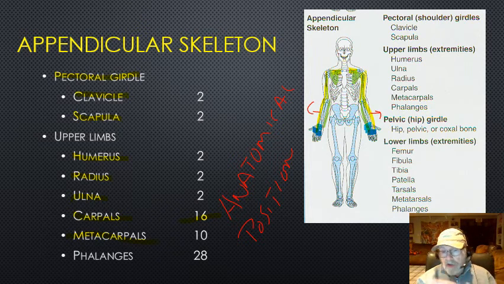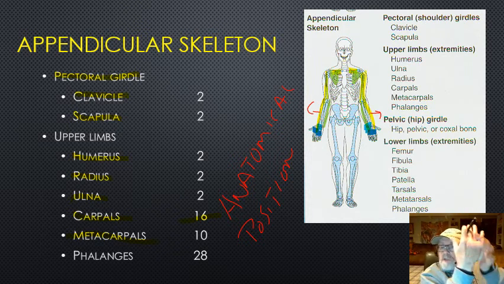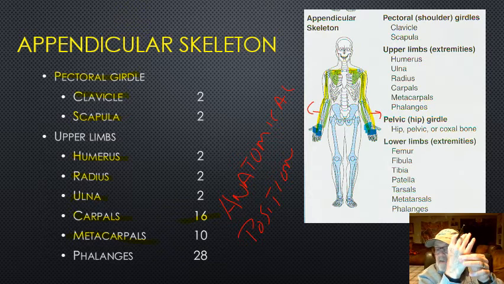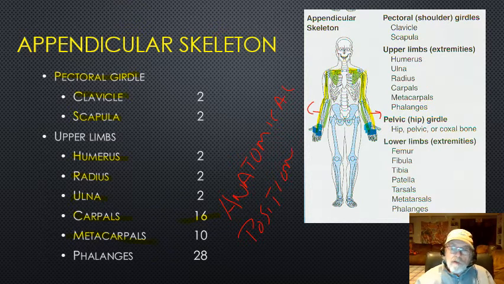I've seen all kinds of different numbers, but 5 on each side normally, okay? And since this portion of the hand is where the metacarpals are, and I have 5 digits, I have 5 metacarpals. My first metacarpal, second metacarpal, third metacarpal, fourth metacarpal, and fifth metacarpal. So there's my long hand bones, 5 on each side, therefore 10.